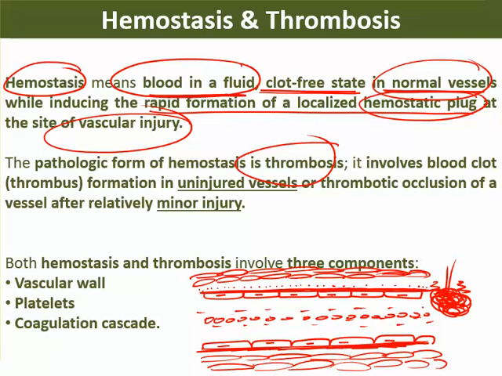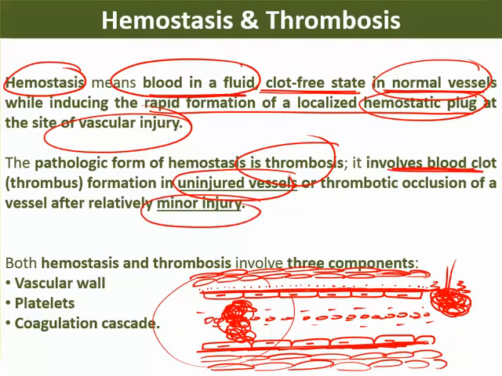So if there is minor injury or a normal blood vessel, and blood clotting is happening, it is called thrombosis. If the blood clot is forming in an uninjured vessel or a minor injury, then it is called thrombosis.